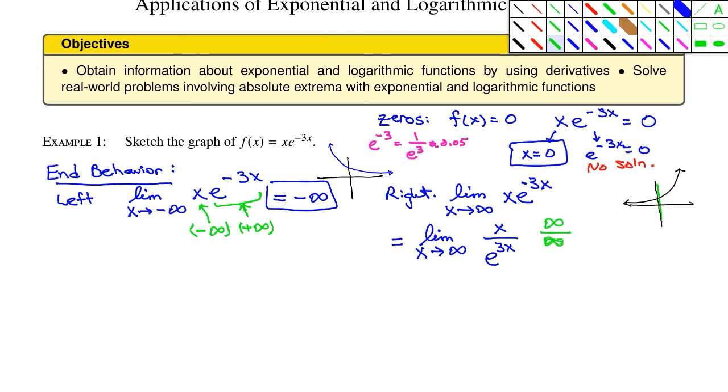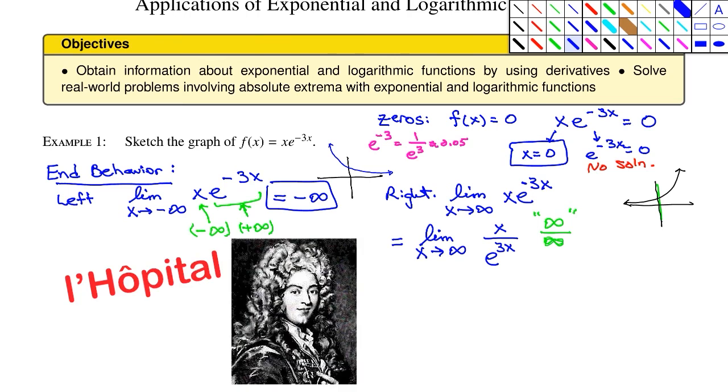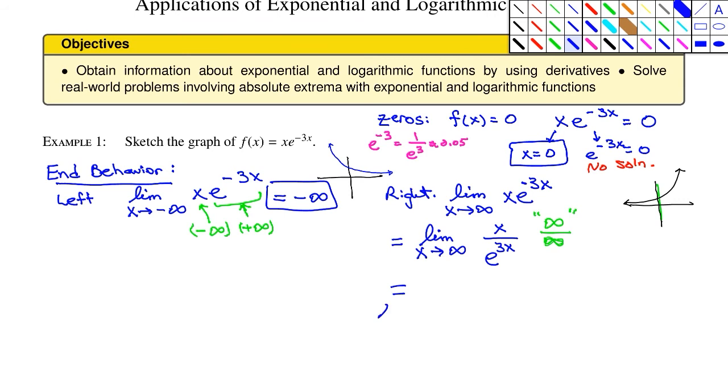So this one is infinity over infinity. Now what do we do to evaluate a limit when it is infinity over infinity? If you're screaming at your computer right now saying L'Hopital's rule, you are correct. We take L'Hopital's rule, our favorite.